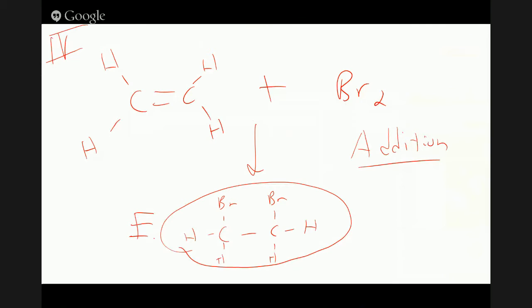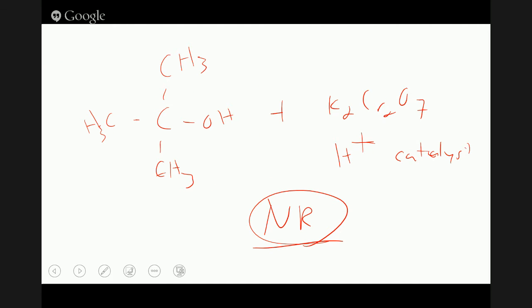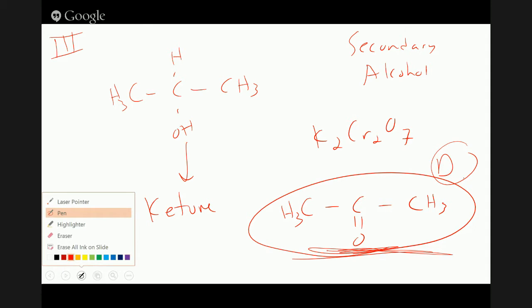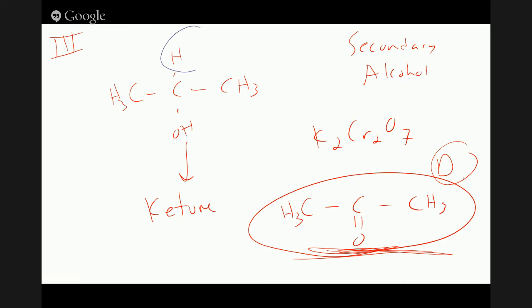Rahul asked, why does the tertiary alcohol not react with an oxidizing agent? Do you need to know it? Yes, you absolutely need to know that a tertiary alcohol will be no reaction. If I look at what's happening in the oxidizing of an alcohol, I'm going to use a different color here. When I'm oxidizing an alcohol, essentially I'm removing this hydrogen, because look at this carbon. This carbon doesn't have a hydrogen on it anymore.